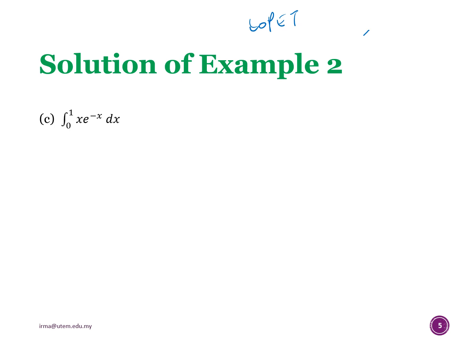The limit is from 0 to 1, which means that the final answer is not only plus C, but you need to substitute the upper and lower limits. Before we substitute the limits, let's solve the integration without the limits. We let u equal to x, so we will have du dx equal to 1, and also du equal to dx.